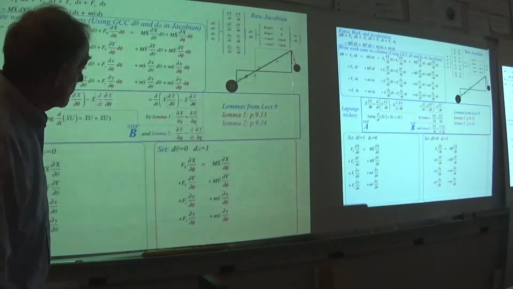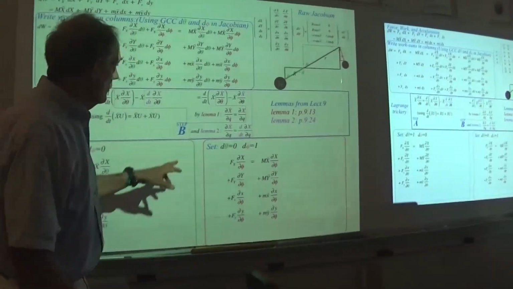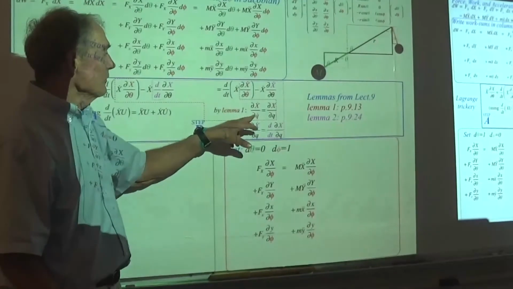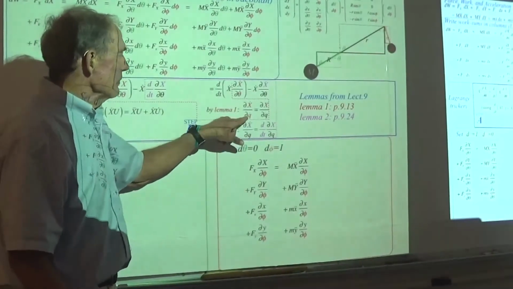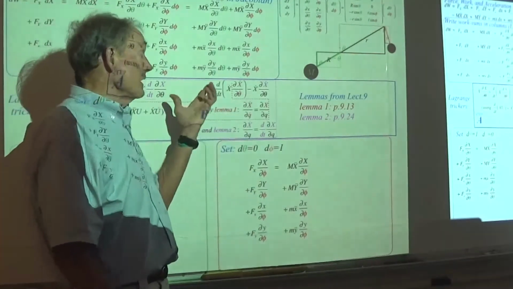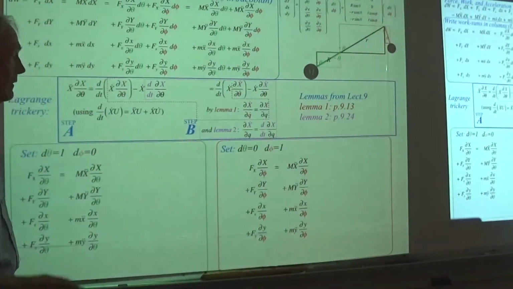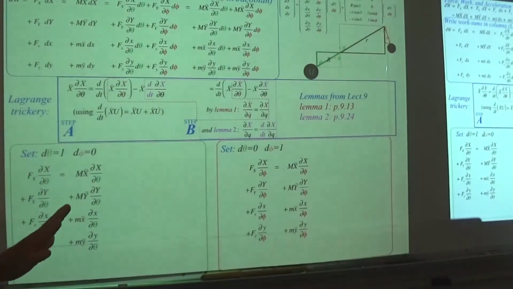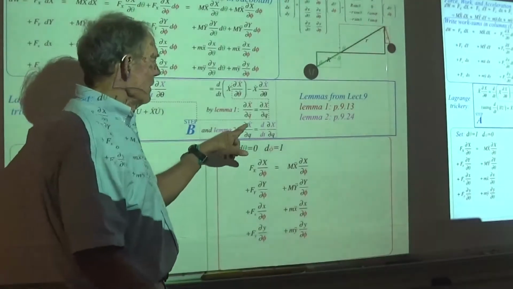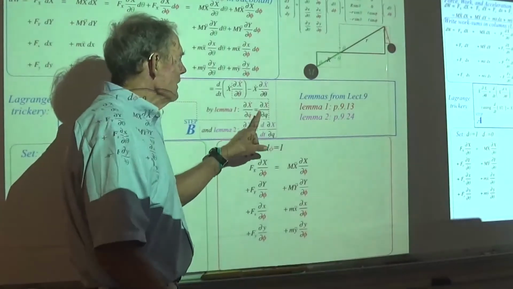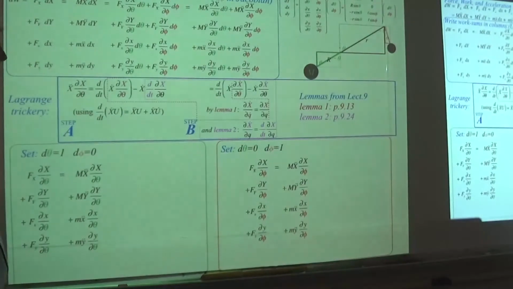This guy and this guy are being used. Lemma 1 is turning this thing into this: the partial derivative of x dot with respect to q dot is exactly equal to the partial derivative of x with respect to q from the original Jacobian. Velocity Jacobian, same as coordinate Jacobian. Now when it comes to double derivatives, there's a time derivative here and then a spatial derivative there. That turns by lemma 2 into the derivative of a Jacobian component.